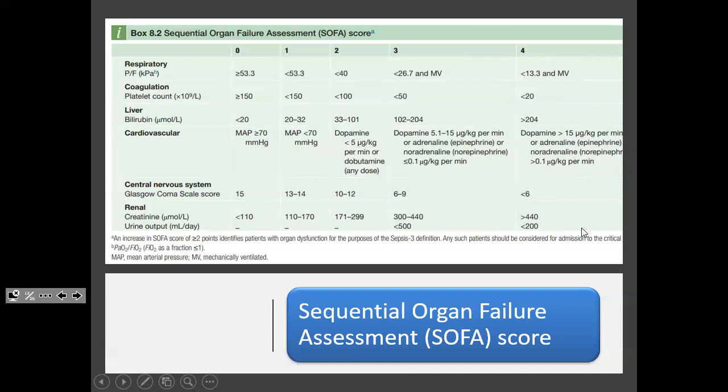Having said that, I am not going to give you a clinical scenario or some of these findings and ask you to calculate the score. What I want you to remember, and the concept that I'm trying to convey, is that in septic shock, when multi-organ failure develops, there is a sequence of events that leads to death.